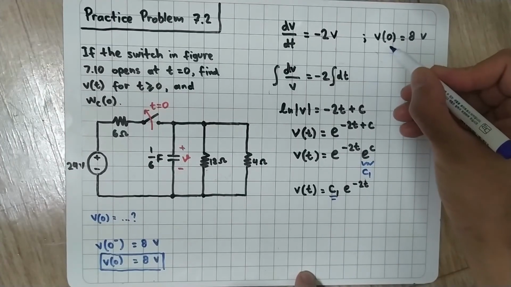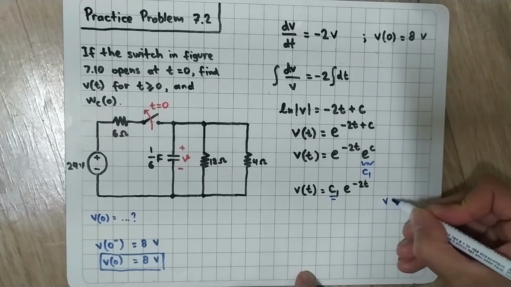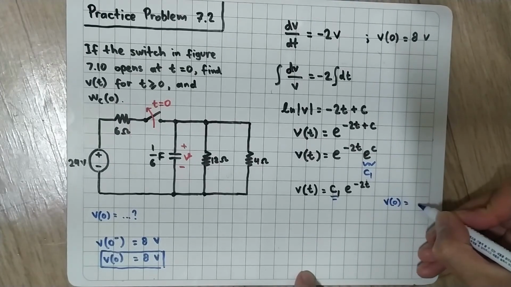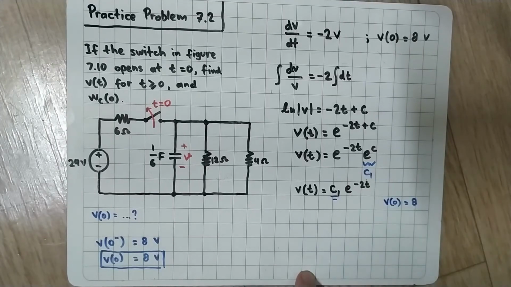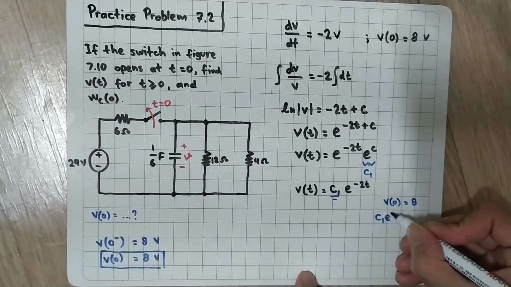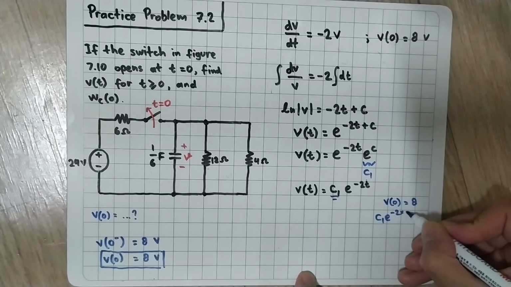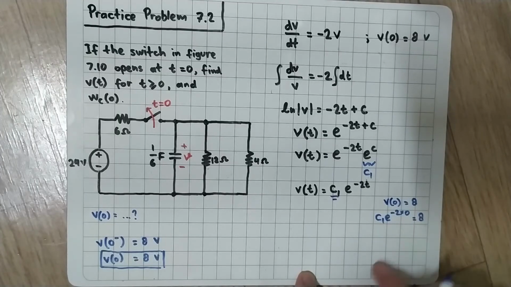Okay, now our task is to find this c1 here, the value of c1. How? By using this one, v of 0 is 8 volts. So if v of 0 is 8 volts, it is when we plug 0 into this t. So I will have c1 e to the minus 2 multiplied by 0 is equal to 8. e to the 0 is equal to 1.